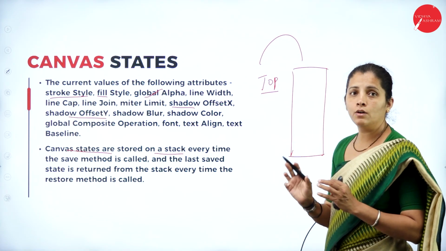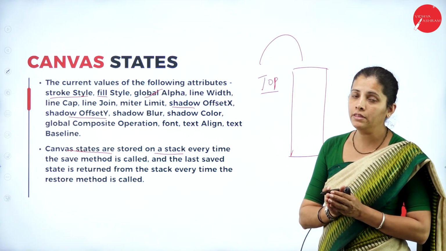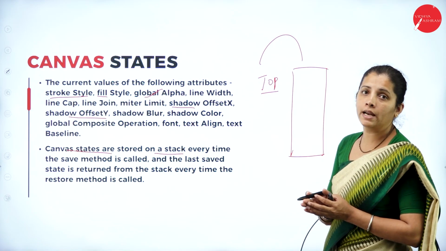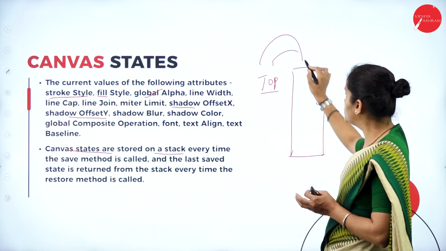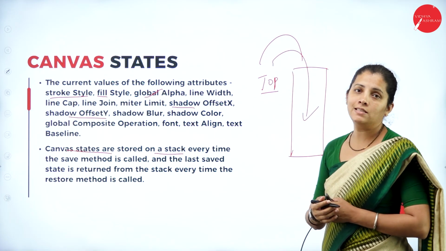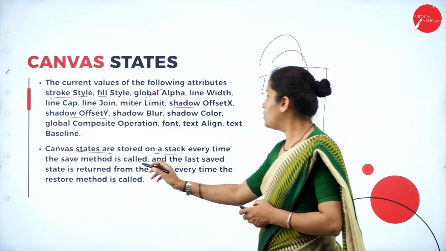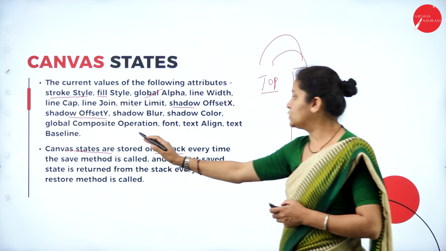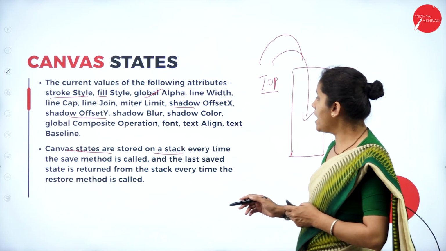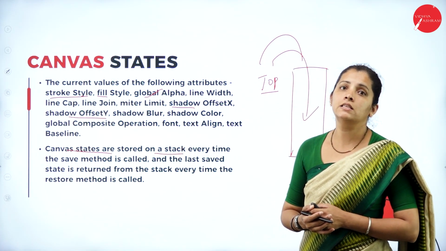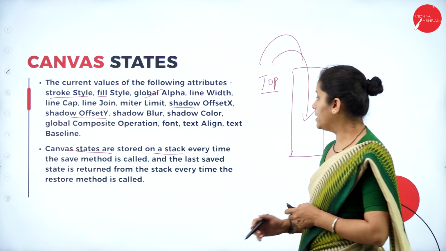Okay, when I want to save the state of the canvas, where I'm going to store the canvas state on the stack. Okay, fine. So canvas states are stored on the stack every time when I call the save method.